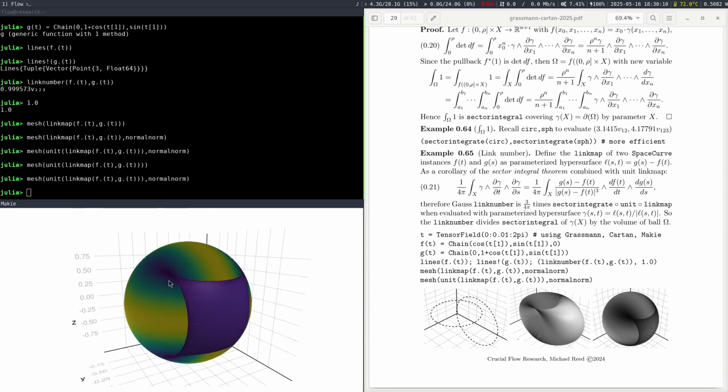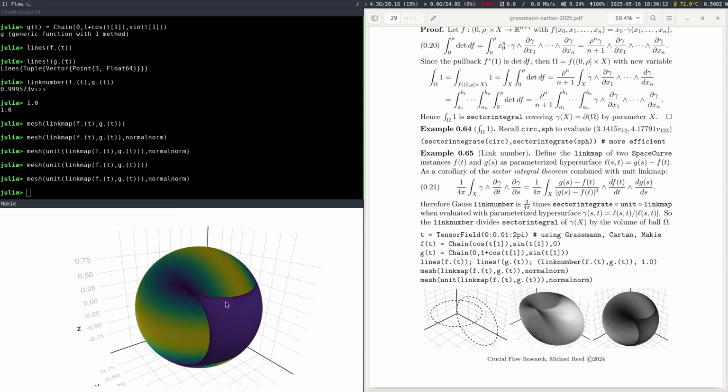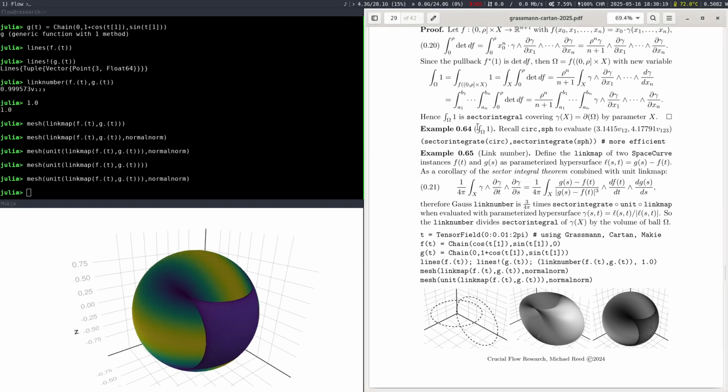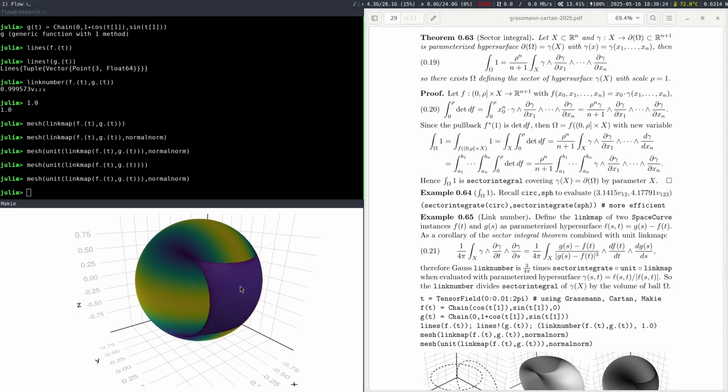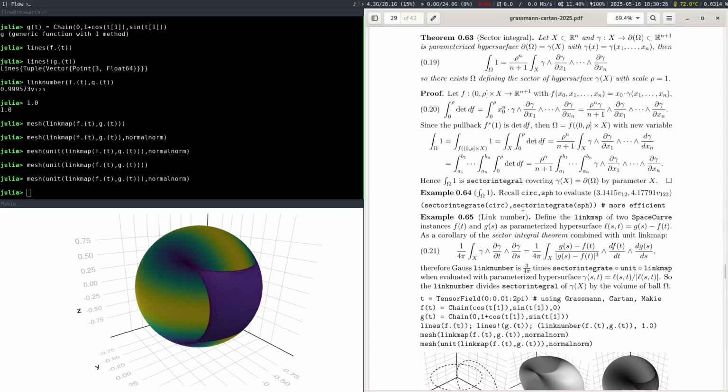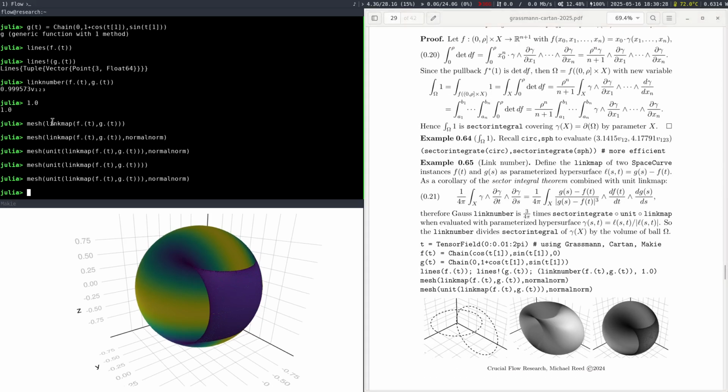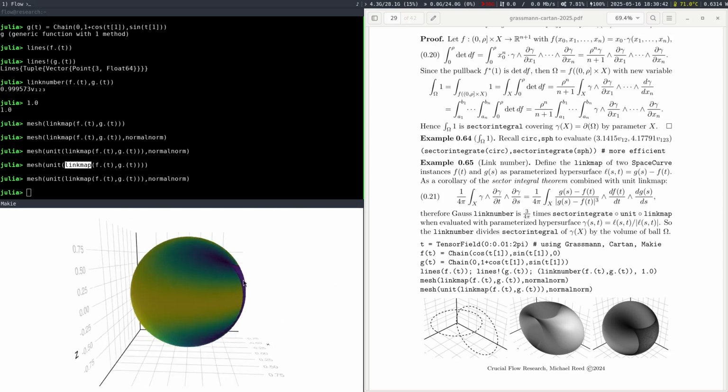This is the surface that's being integrated in this link number example using the sector integral theorem, okay? Link number gives you the actual link number, but link map helps us look at what the surfaces look like.